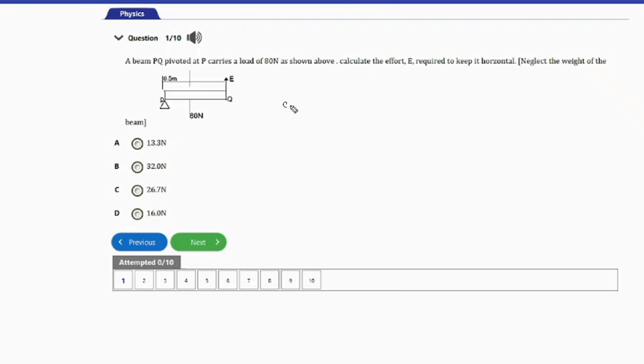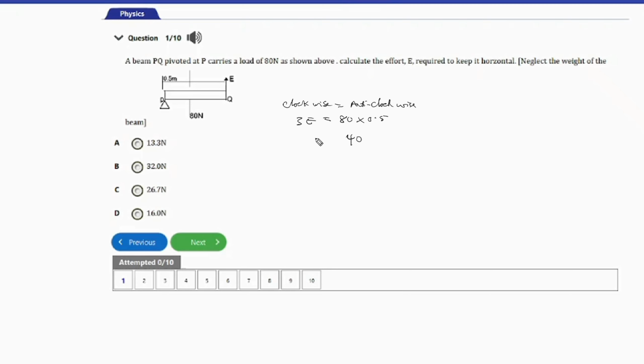Let's consider that the clockwise moment will be equal to the anti-clockwise moment here. So we're going to have 3E is equal to 80 newtons times 0.5 meters. 0.5 times 80 is 40.